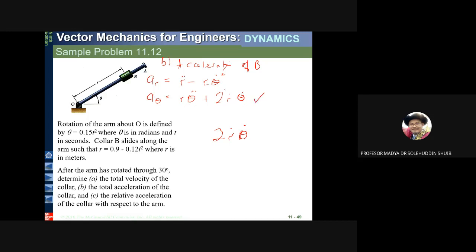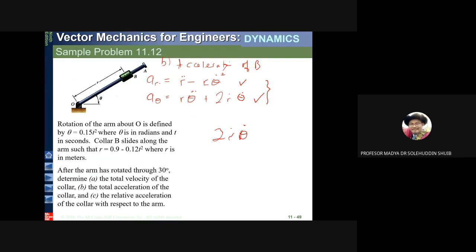Also AR equal to R double dot minus R theta dot square. So this is what we call the scalar component for radial and transverse direction. So we need to use this equation to find the acceleration.